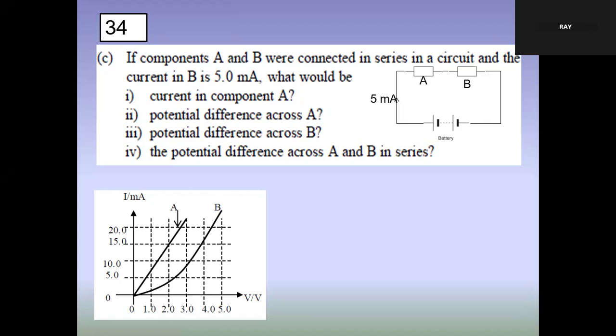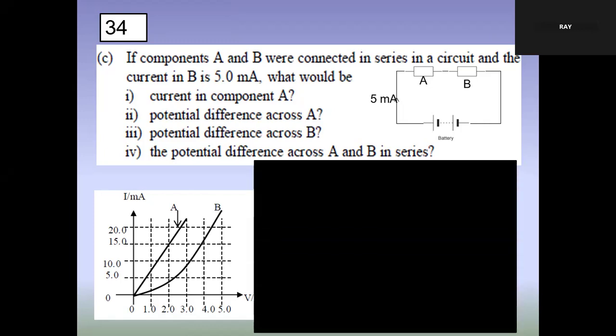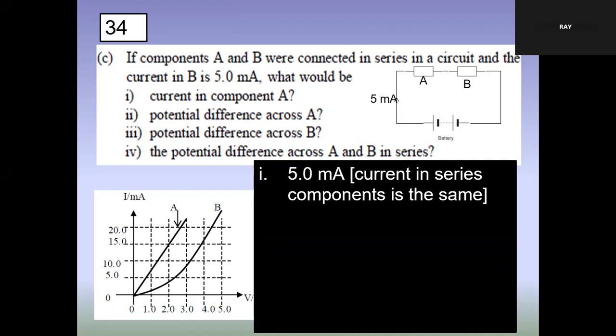Same, no? It should be the same 5 milliampere. It's in series.